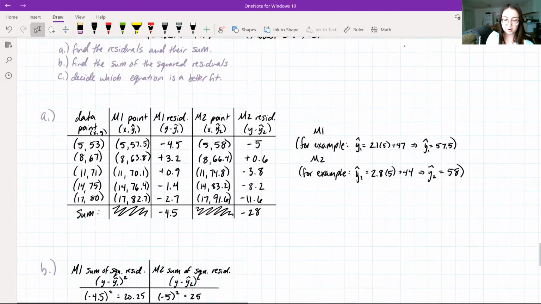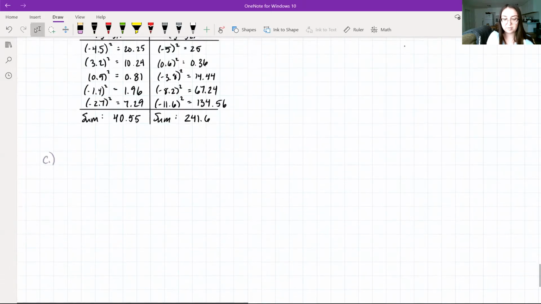So for part C, we want to decide which equation is a better fit.